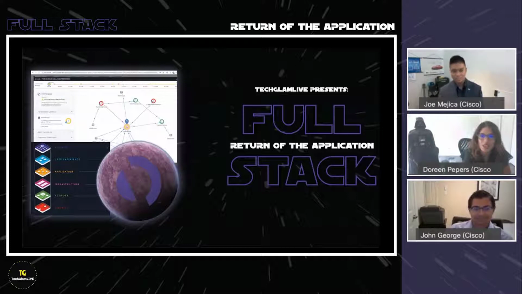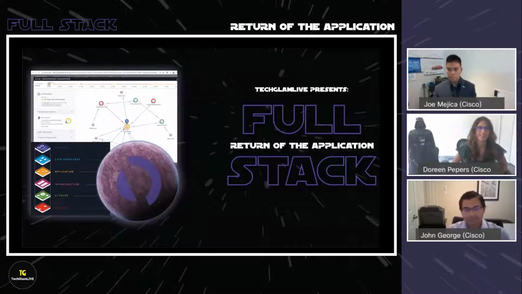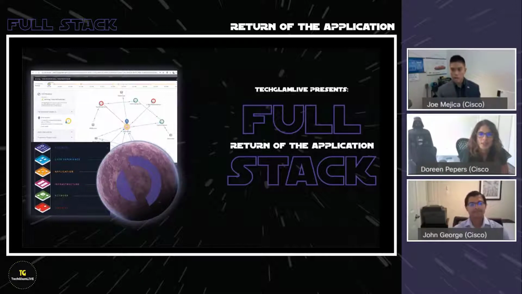Hey, Joe, can you tell everybody about the Full Stack Trilogy? Yeah, hey, Doreen, no problem. So the Full Stack Trilogy is TechGlamLIVE's three-part webinar series where we highlight Cisco's full stack observability solutions. Starting a few months back, we started our journey with ThousandEyes. And during that journey, we've learned what's really going on between our endpoints, our apps, our services, and infrastructure. Afterwards, we answered a call to multiple IT teams where they were complaining about exponentially growing costs in running their infrastructure, both on-prem and in the cloud.